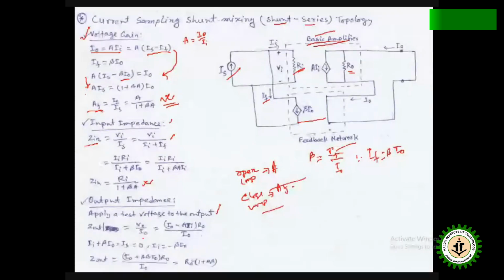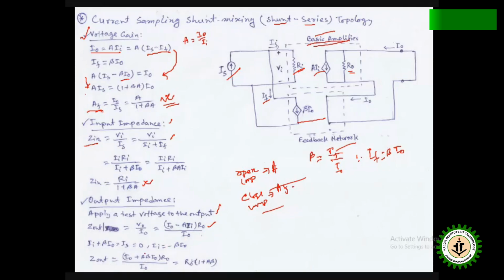So applying the test voltage, V naught by I naught, where V naught is equal to (I naught minus A Ii) into R naught. Repeat, V naught is equal to (I naught minus A Ii) into R naught, divided by I naught.